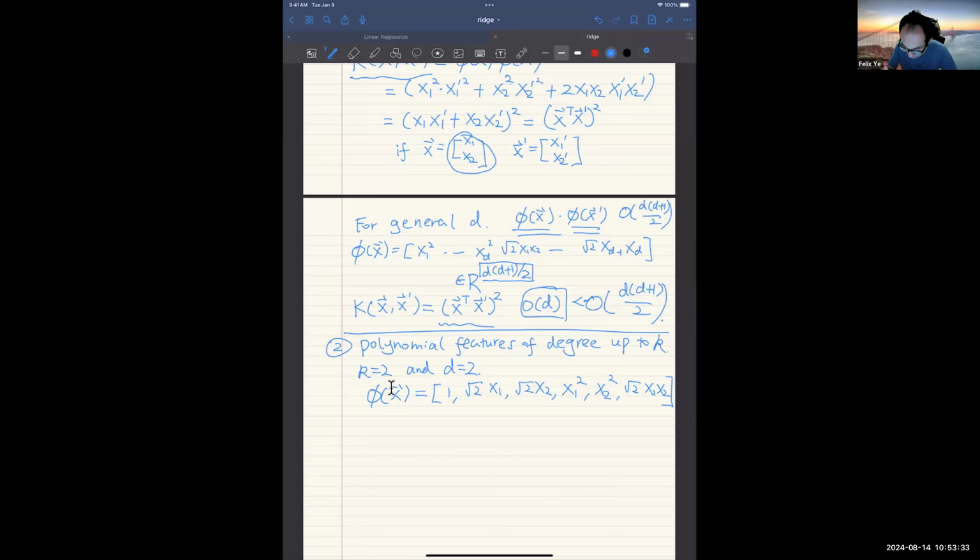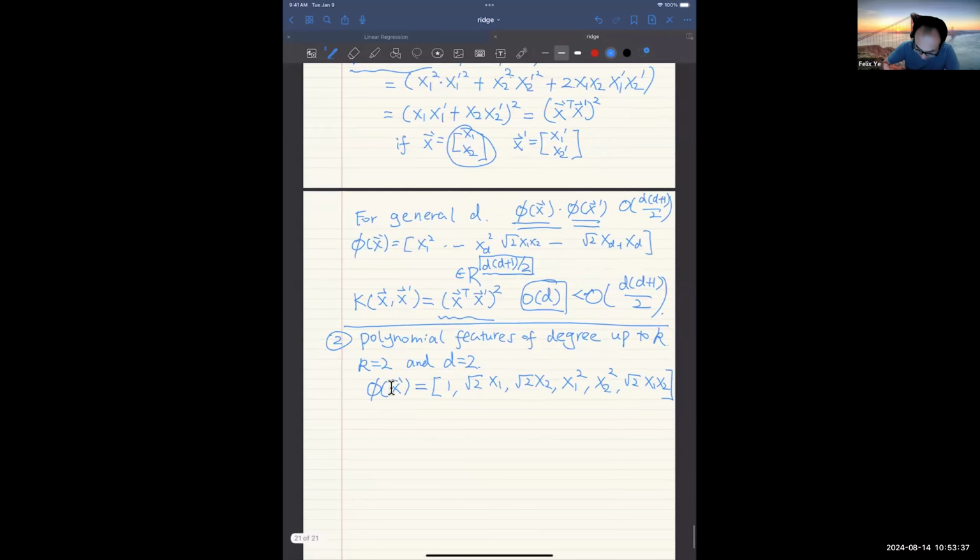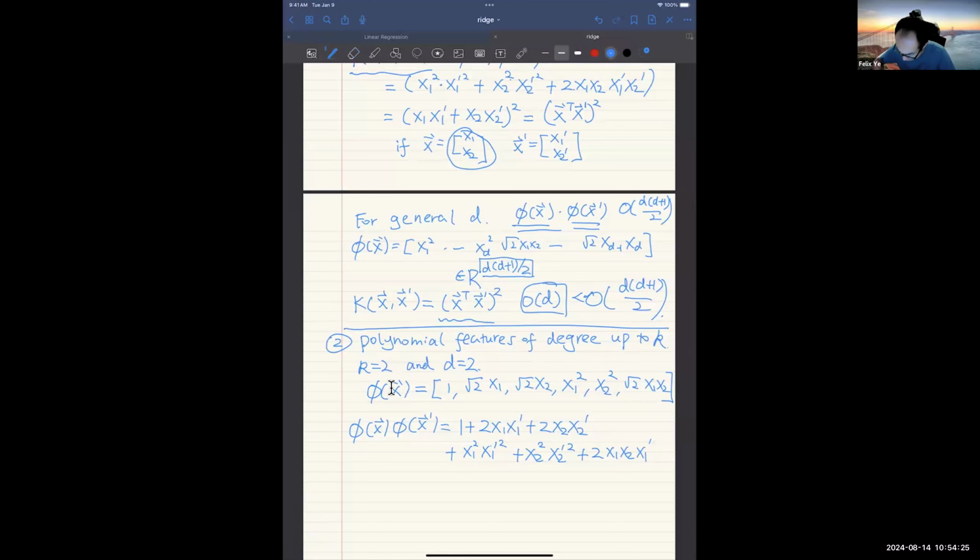Right? So if we consider that altogether, then phi x dot phi x prime is 1 plus 2 x1 x1 prime, plus 2 x2 x2 prime, plus x1 squared x1 prime squared, plus x2 squared x2 prime squared, plus 2 x1 x2 x1 prime x2 prime.